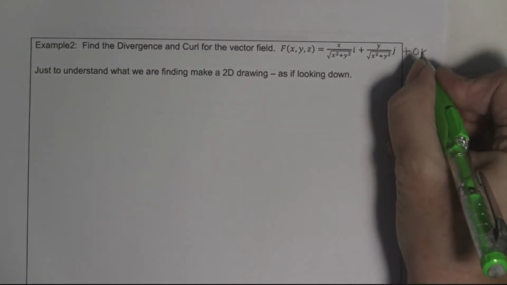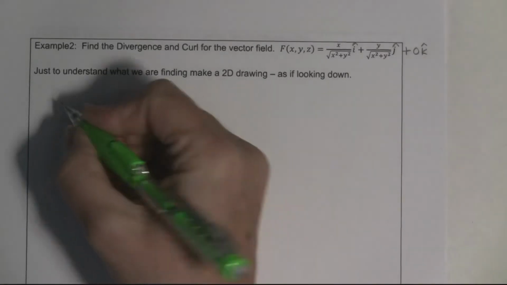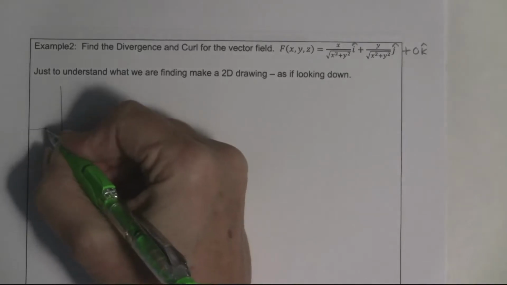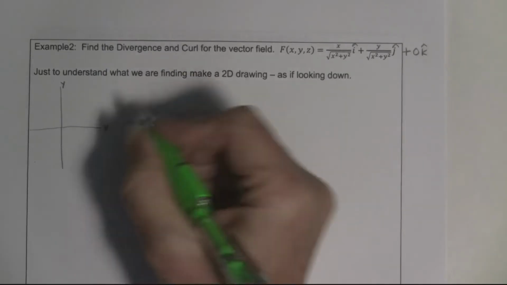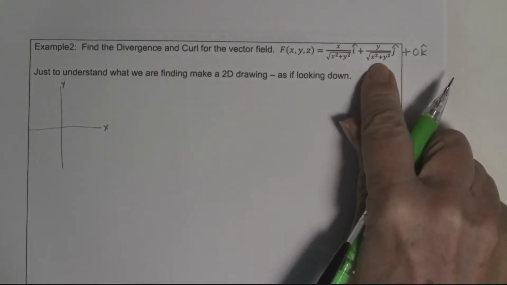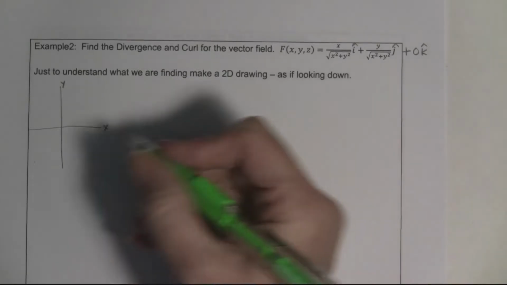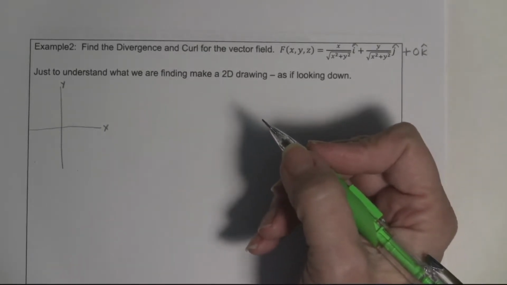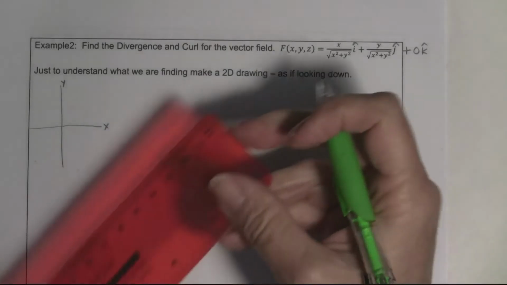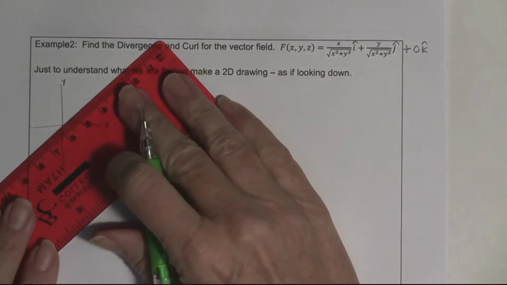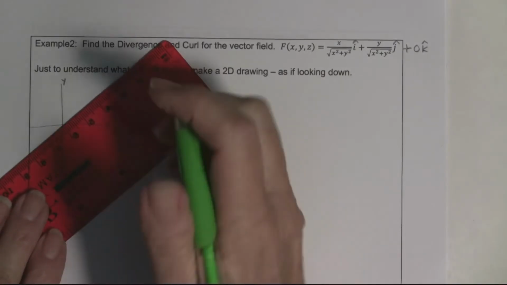This is 0k is what it is over there. And I'm just going to draw it in 2 dimensions as if we were just looking down on it. We did draw this vector field. I don't know if you guys remembered, but it was the vector field where all of the vectors were length 1. And I think I also asked you on the lab to show that that was true, and that they were all radiating out length 1 from the origin.